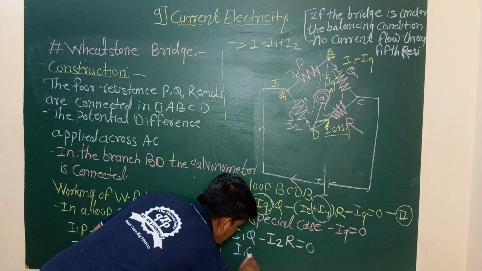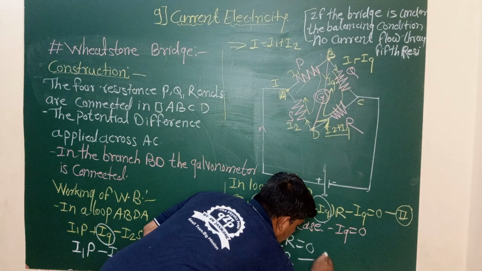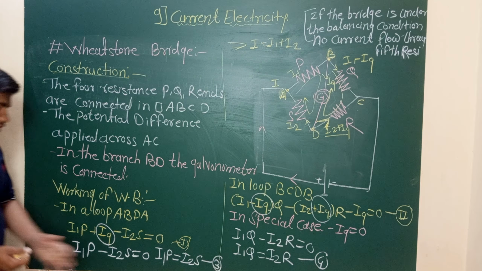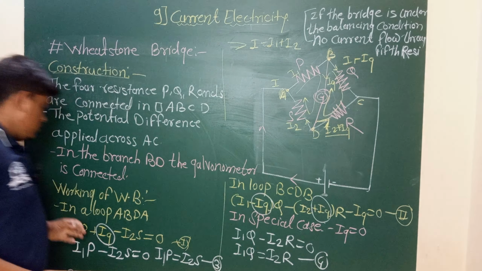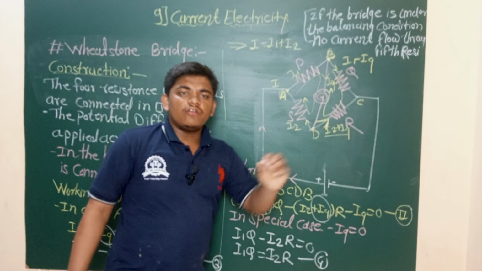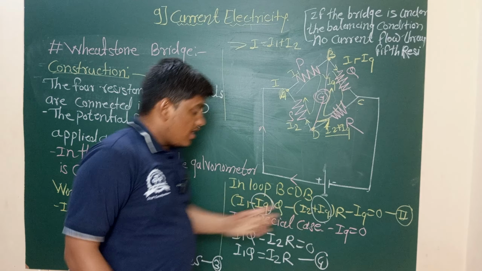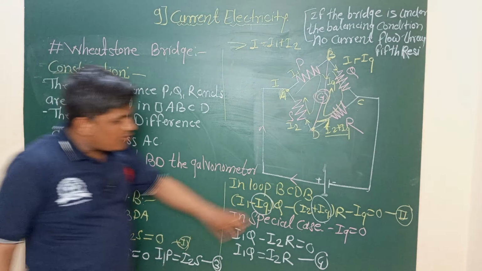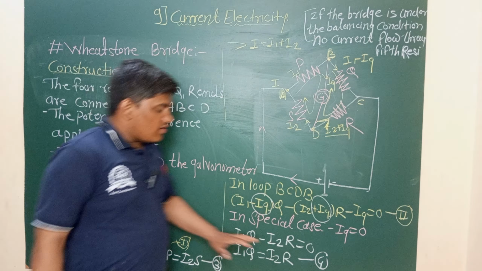Then I1 Q must be equal to I2 into R. This is equation number 4. In this special case, zero current flows through the galvanometer, that means Ig equals 0. Substituting Ig equal to 0 in equation 1 and equation 2, we get the new equations, equation number 3 and equation number 4.